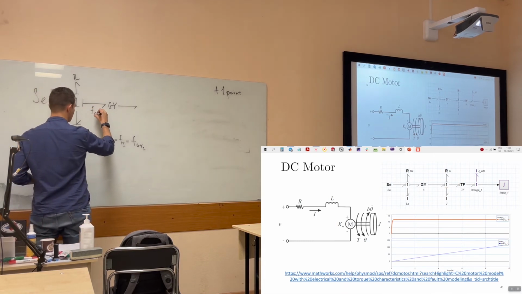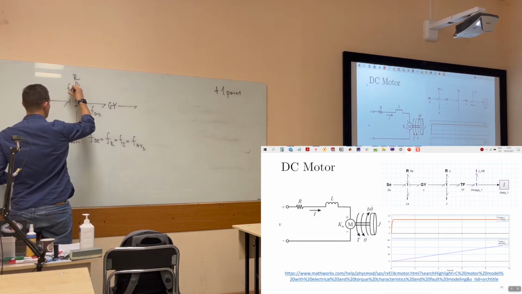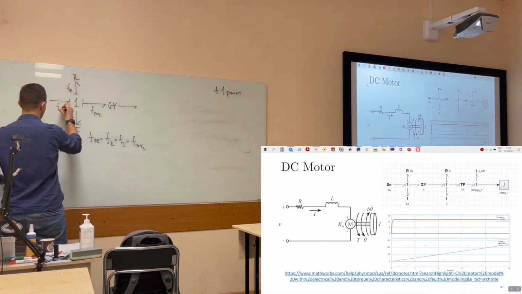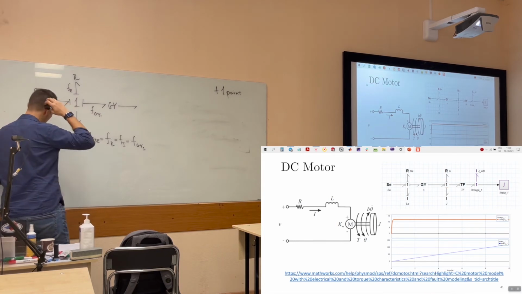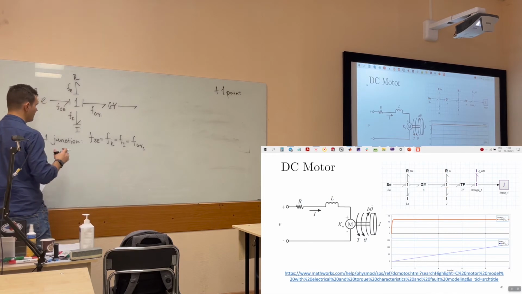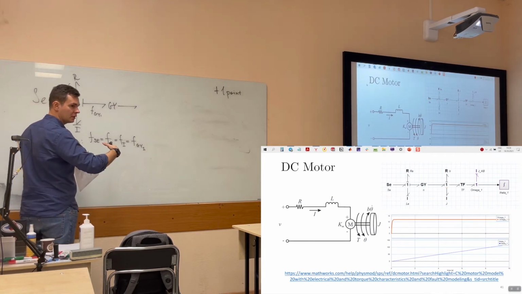So I will write it down here: Fr, Fi, Fse. But for the efforts, we know that everything that goes in equals everything that goes out.